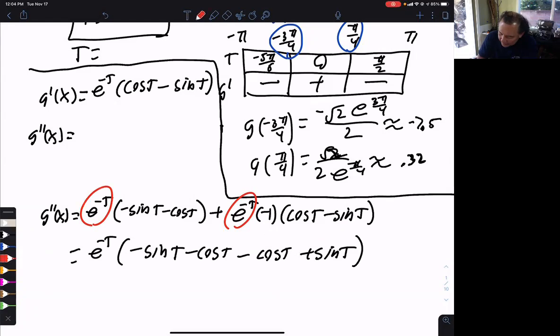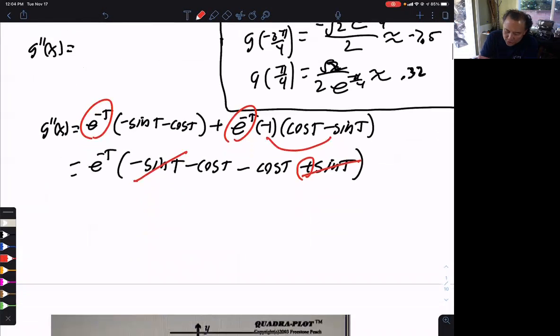And beautifully, these are going to cancel out. So when I distribute that, I get the plus here. And so all this to say the second derivative is minus 2 cos t all over e to the t, because the negative exponent moved to the bottom. That's g double prime of x.